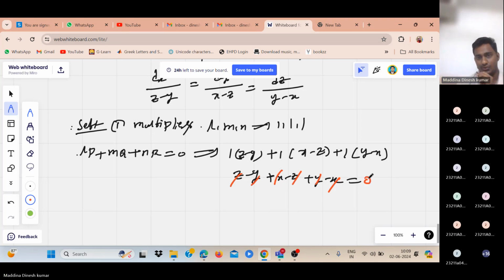So that's why 1 1 1 are one set of multipliers.